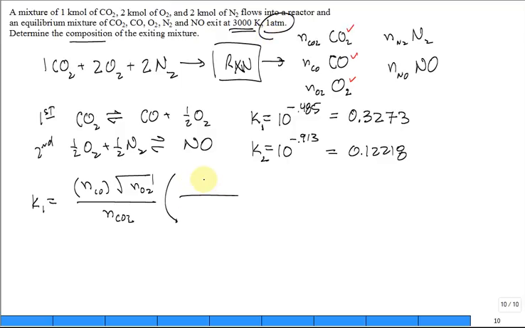We'll just put a 1 there. Then we have the total amount, N, which is the sum of all of those 5 components, and this one's raised to the 1/2 power. And then the second equilibrium equation is the amount of NO divided by the square root of the amount of O2 times the amount of N2.